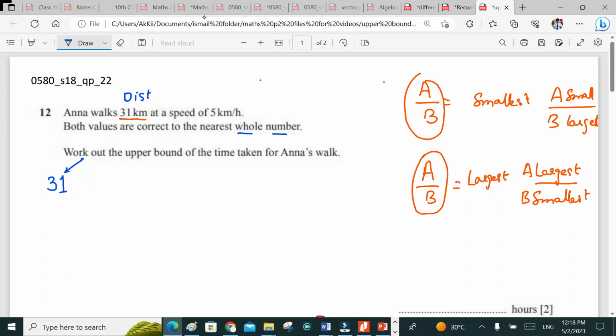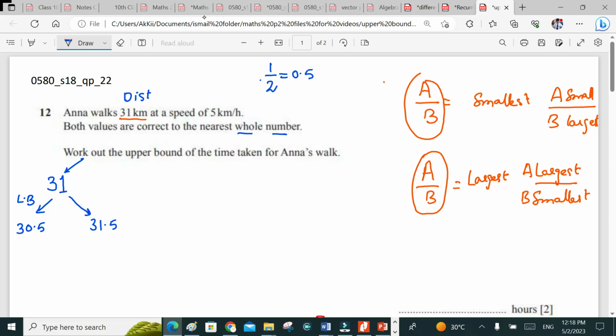I have to divide 1 by 2, so 0.5 will come. I will subtract 0.5 from it and add 0.5 to it. This will become 30.5, that is the lower bound, and the upper bound will be 31.5.